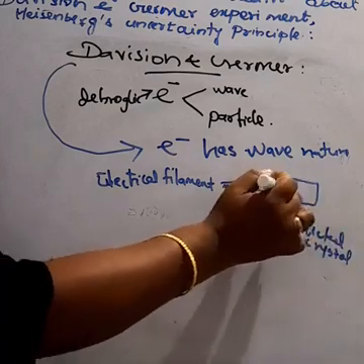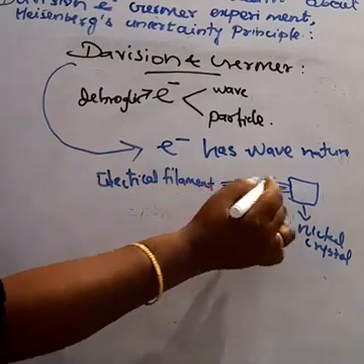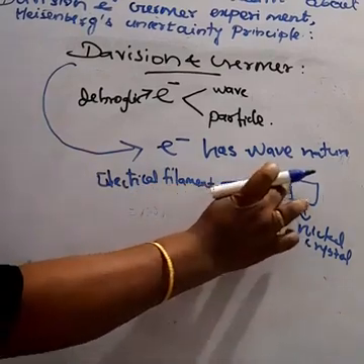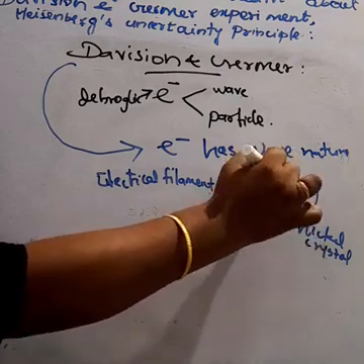When the beam of electrons strikes the nickel crystal, it is scattered or diffracted in different directions.